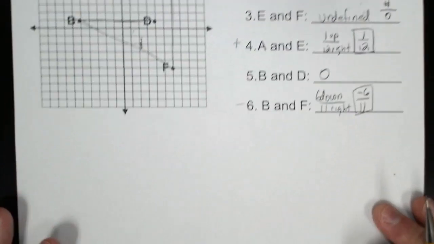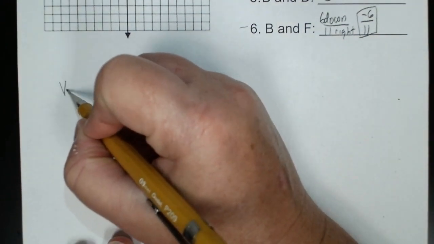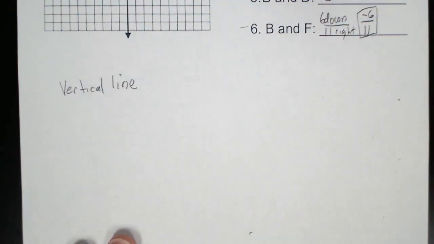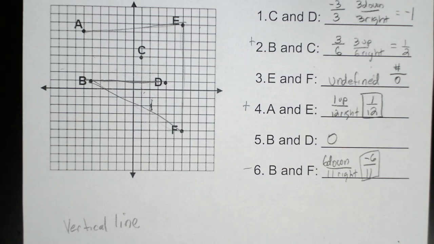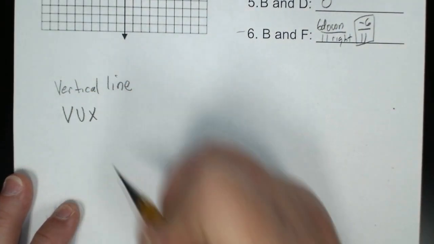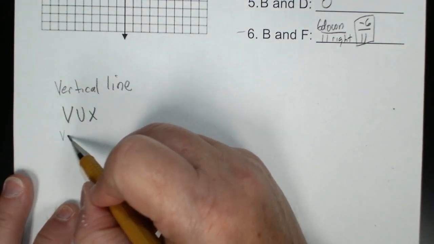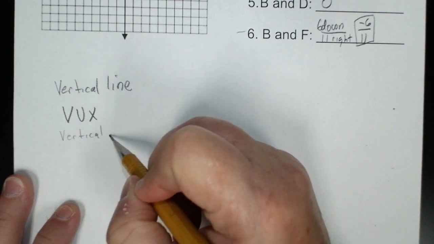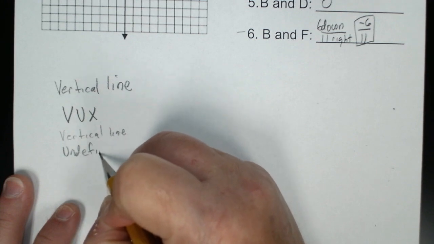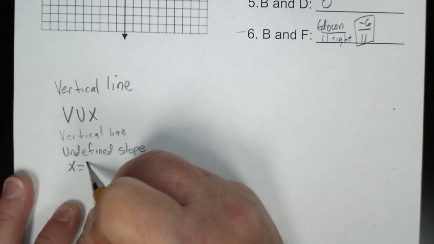So here's some help and some notes. Anytime you have a vertical line, such as E to F, you are going to write VUX, and what that stands for is vertical line, undefined slope, X equals a number.